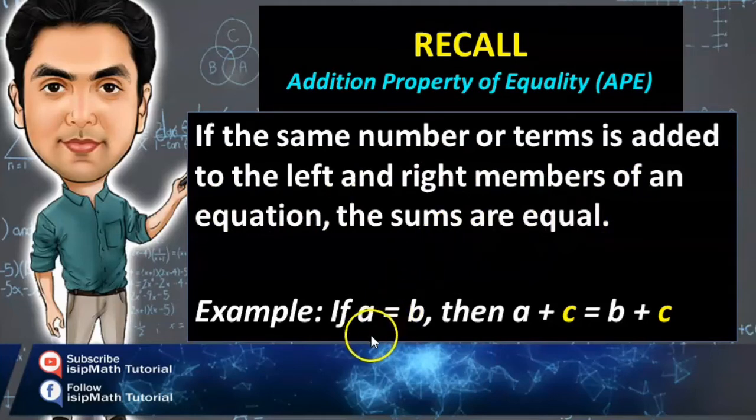So kung meron po tayong equation na a equal to b, tapos mag-add ako ng c kay a, ganun din kay b. So ibig sabihin nito, kung ano yung i-add ko kay a, ganun din yung i-add ko kay b. So magiging ganito, a plus c equal to b plus c.